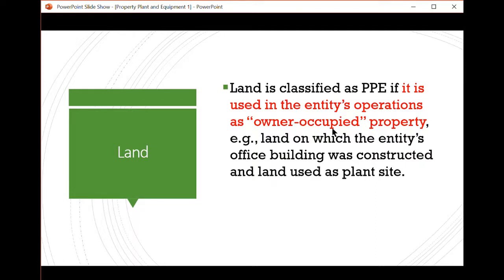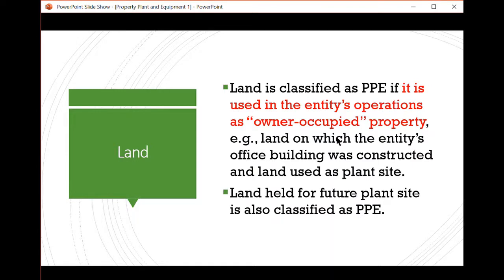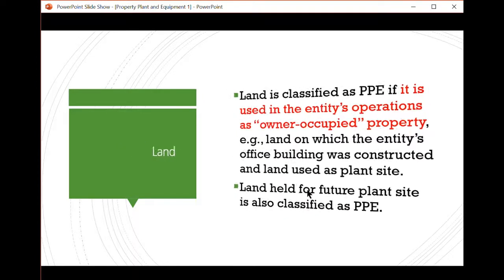So for example, the land on which the entity's office building was constructed and land used as a plant site. So land held for future plant site can also be classified as a PPE. So for example, again, ang imong yuta is ang plano nimo is tukuran nimo siya og administrative building or tukuran ba nimo siya og factory. So the land is part of the PPE.